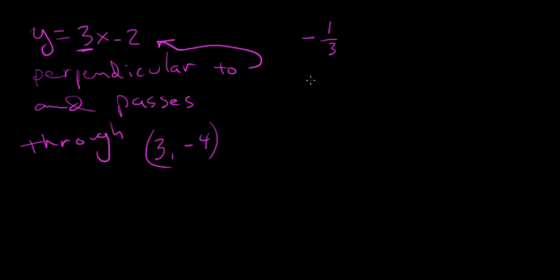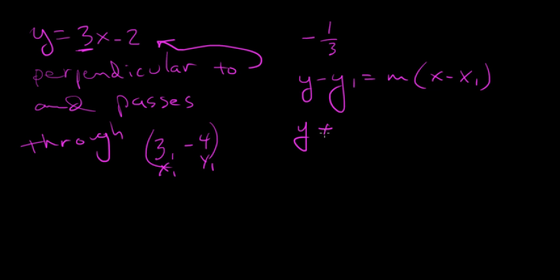So using the point slope form that I showed you a few minutes ago, y minus y1 equals m times x minus x1. x1, y1. Okay. Y minus y1 is y plus 4, equals m, which is -1/3, times x minus x1, which is x minus 3.